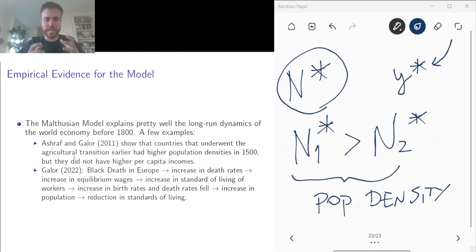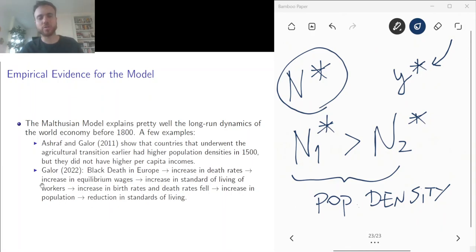So the equilibrium stationary population was higher, more people per square meter, but again, the average person in the societies in these countries was living around the subsistence level.